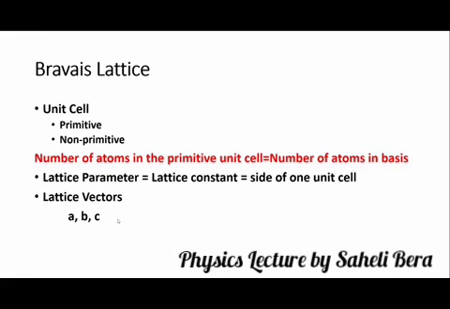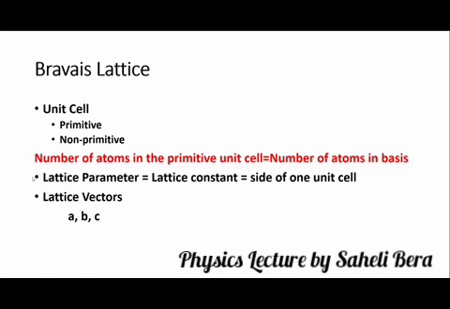And if it is a square lattice, then the angle between the A and B vectors will be 90 degrees, the magnitudes of A and B will be equal, and the magnitude of C will be 0 in the case of a square lattice.